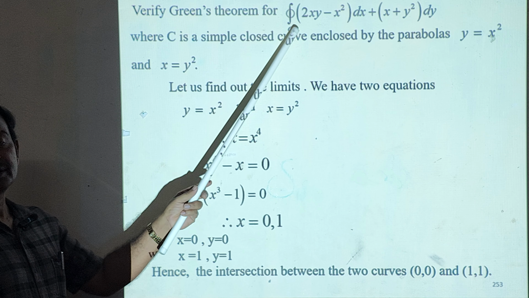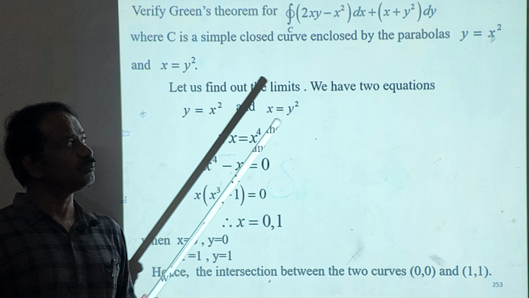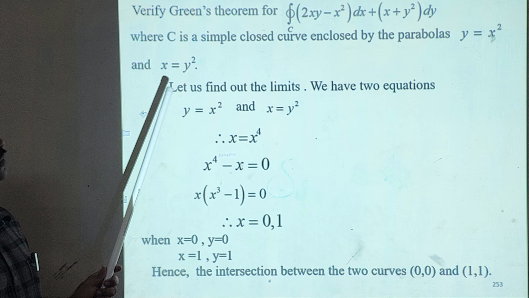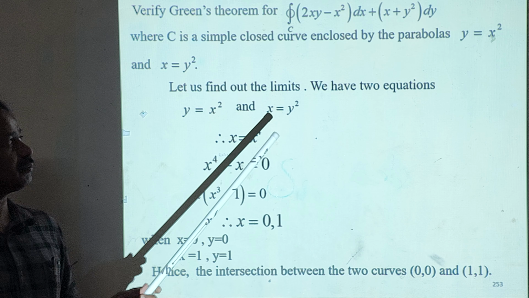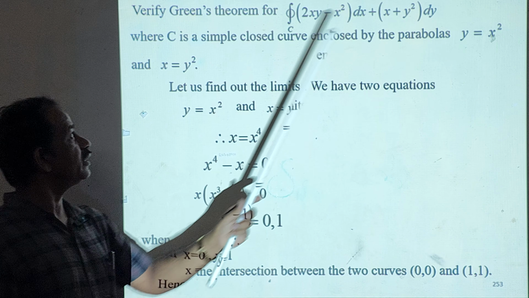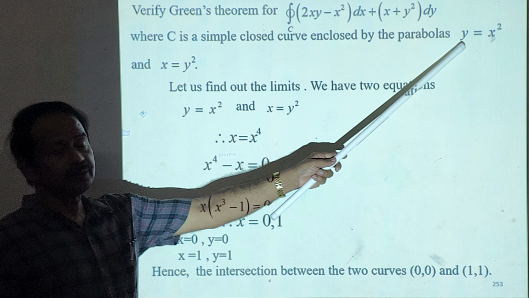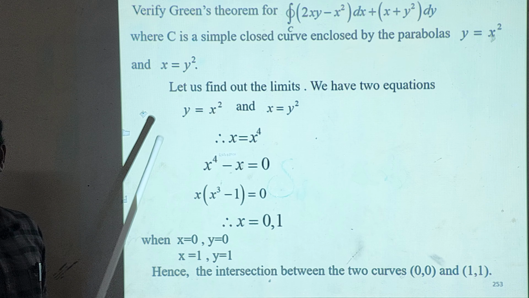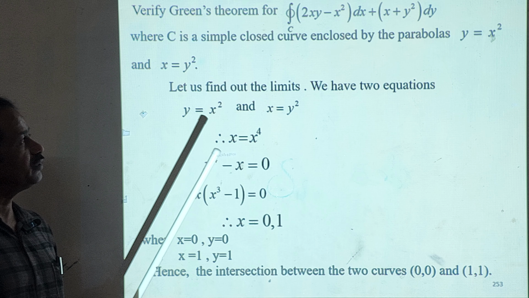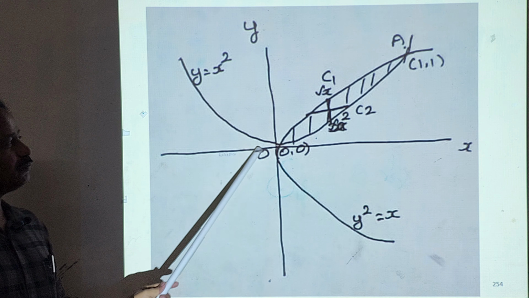Verify Green's theorem. Closed integral 2xy minus x square dx plus x plus y square dy, where C is a simple closed curve enclosed by the parabola y equal to x square and x equal to y square. So we have now two parabolas.